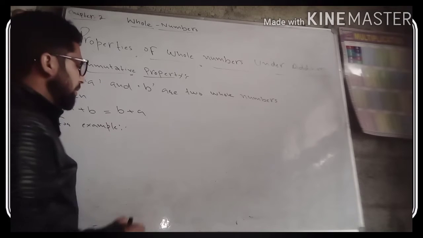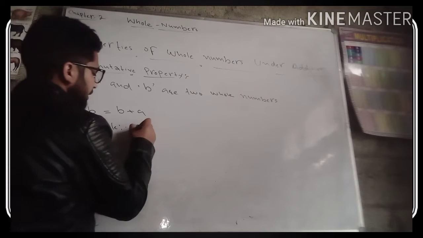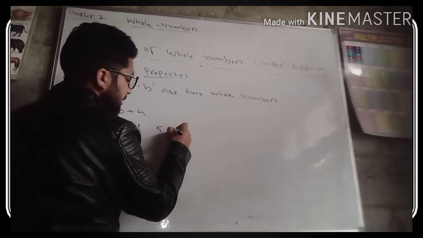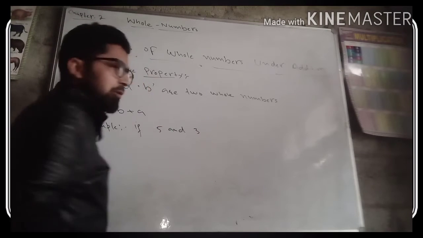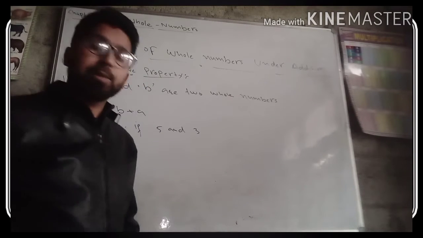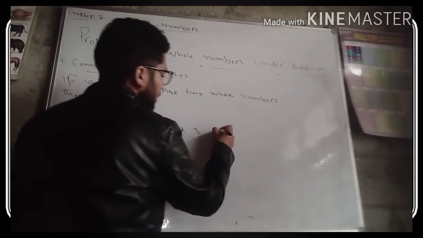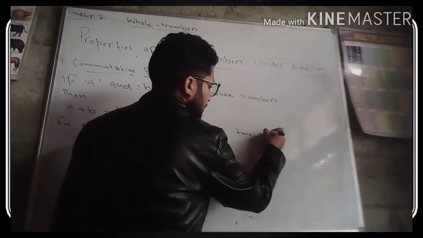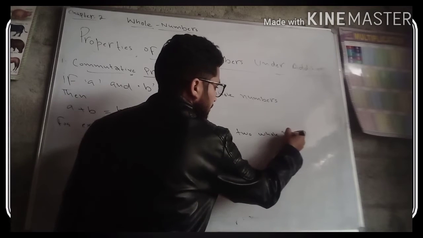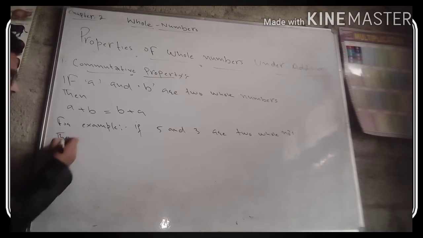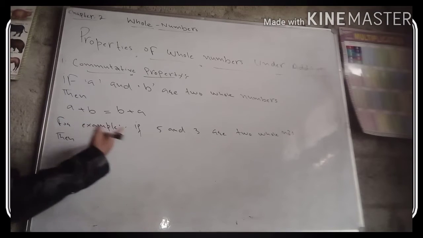If we have two whole numbers, suppose 5 and 3, see, you can take any number. It's not necessary that you take 5 and 3. If 5 and 3 are two whole numbers, then we are going to add 5 and 3.